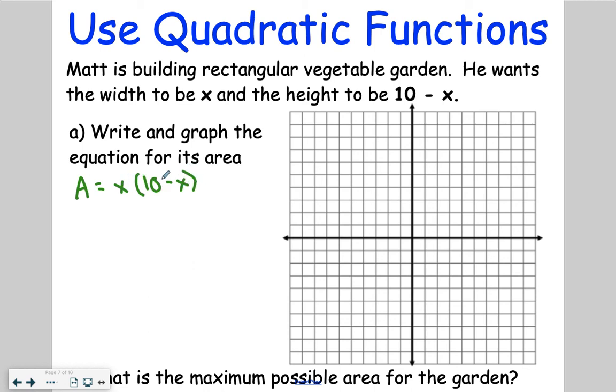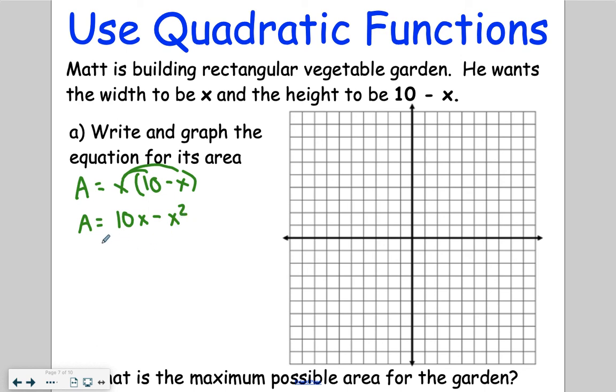Now notice, there's parentheses here, so this is going to become a distributive property. So I've got area is equal to 10x, 10 times x, minus x times x, which is x squared. So that's how we get that quadratic, that's how we get that square in there.